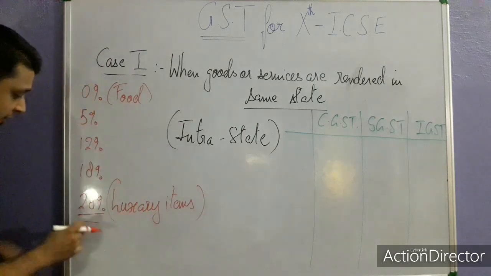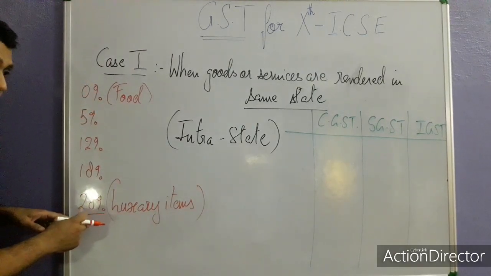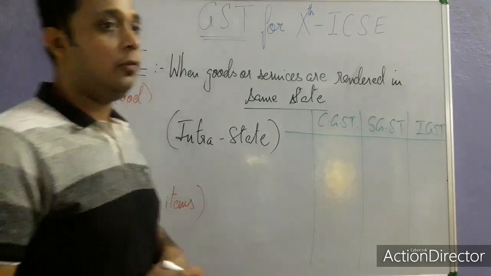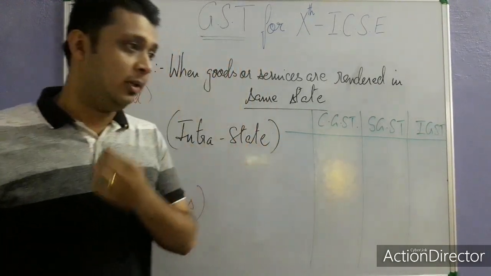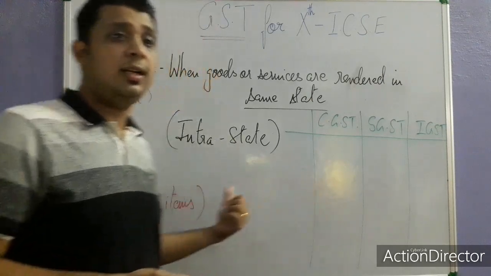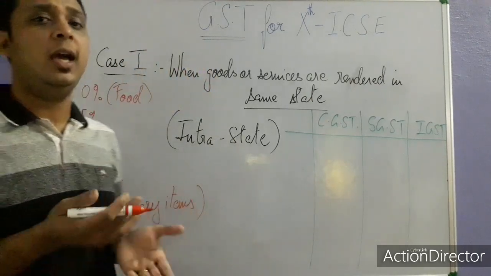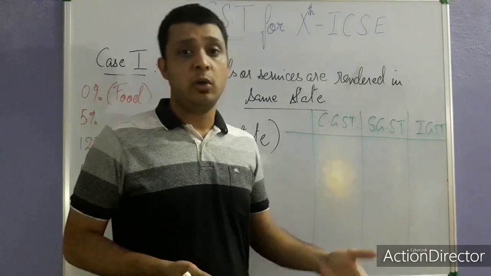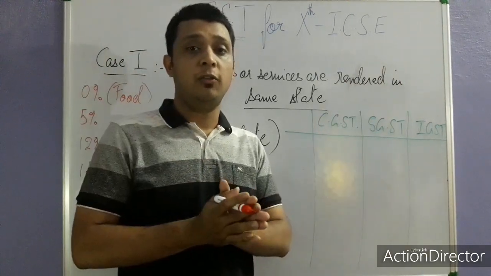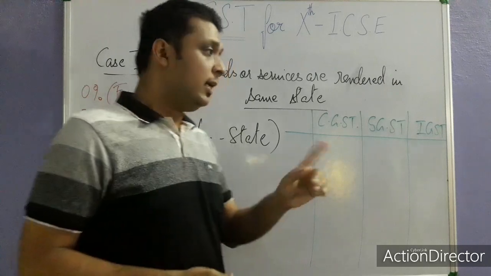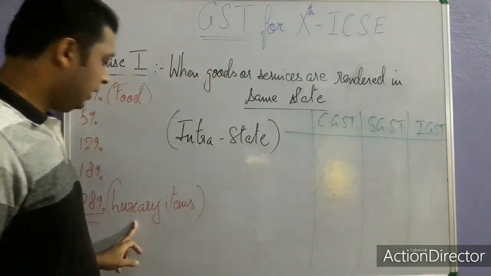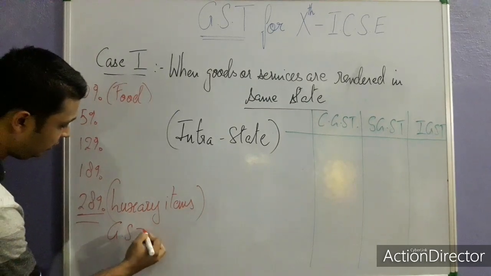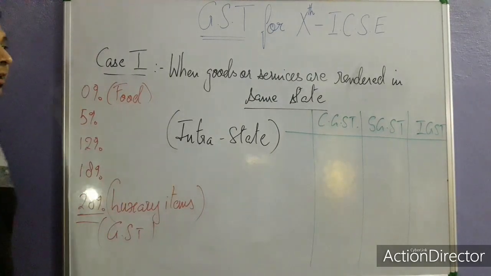Now, why is the maximum GST rate on luxury items? Because whenever there is a transaction of a luxury item inside the country, since these are luxury items, they must have a huge cost. Clear? Since the business involves a good amount of money, the government levies 28% GST on luxury items.